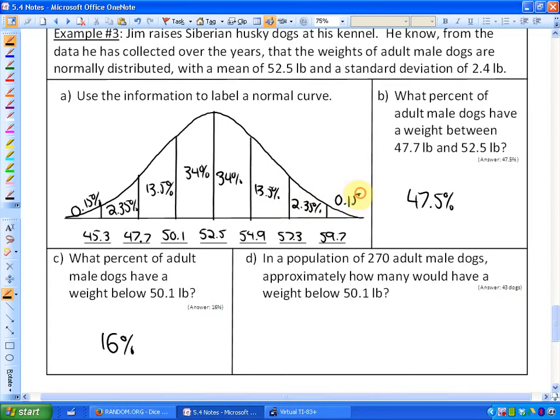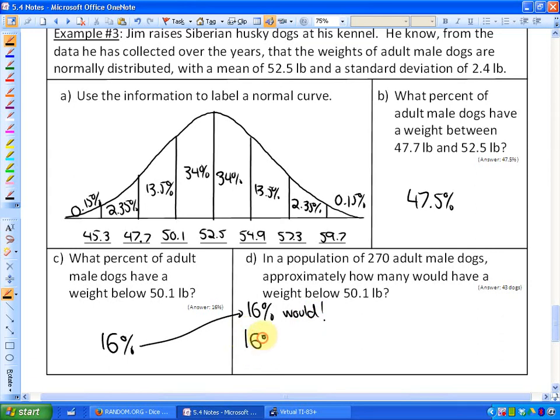The final question we can make a prediction about says this: in a population of 270 adult male dogs, approximately how many would have a weight below 50.1 pounds? Well, we already know that 16% of them, this is from the previous question, 16% of them would. So we can make a prediction about 270 adult male dogs.